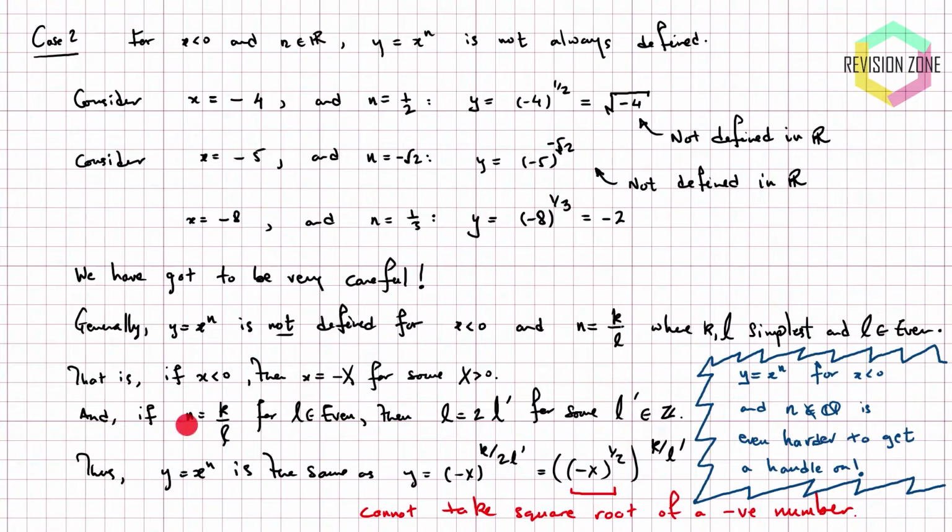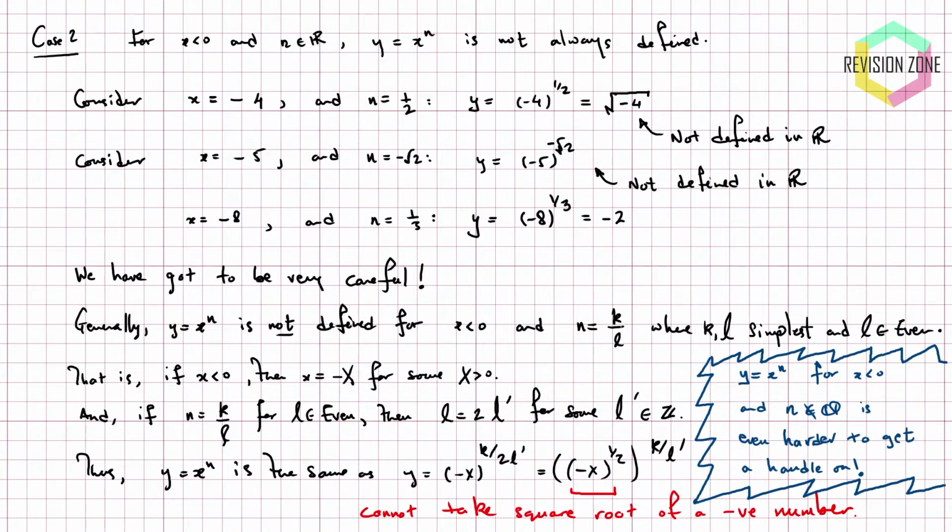And n equals k over L, well, if L is even, that means there exists some L prime such that L is two lots of L prime, making L even. And then we can go to the definition of y equals x to the n, and substitute for what x is and for what n is. So my lowercase x is going to be negative uppercase X, and my n is going to be k over L, but my L is basically 2L prime.